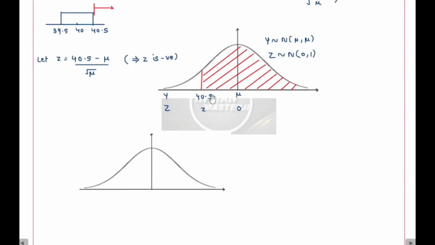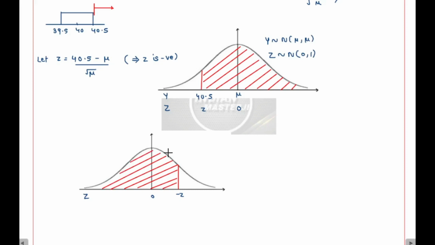If I have to find the probability of y greater than 40.5, or probability of z greater than this z value, it is as good as finding the probability of z less than minus z, because this value will be exactly at the same distance from the mean as this z is. So these two areas will be the same.